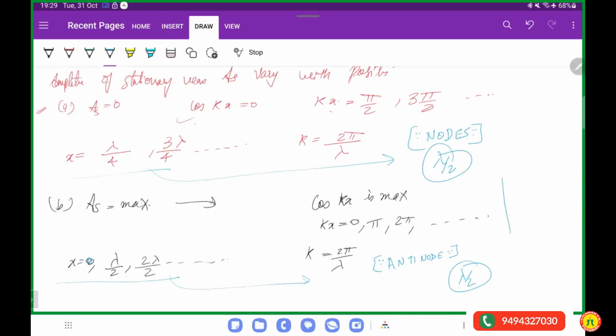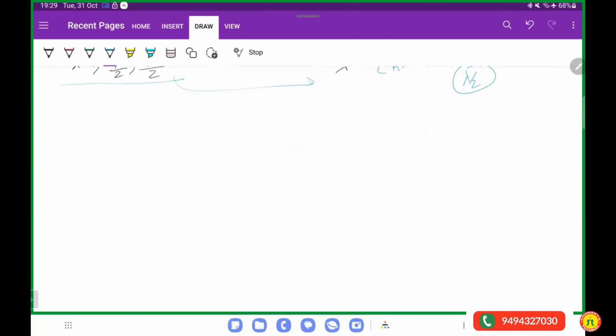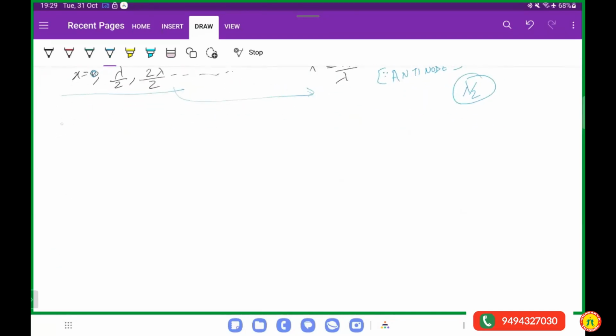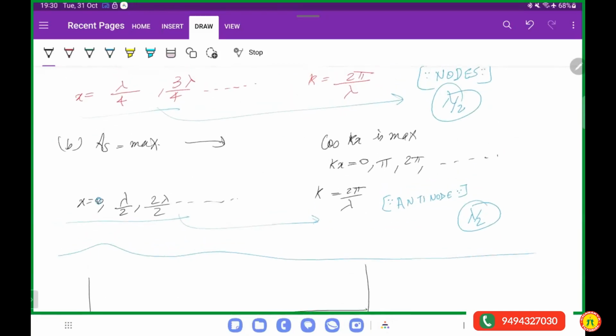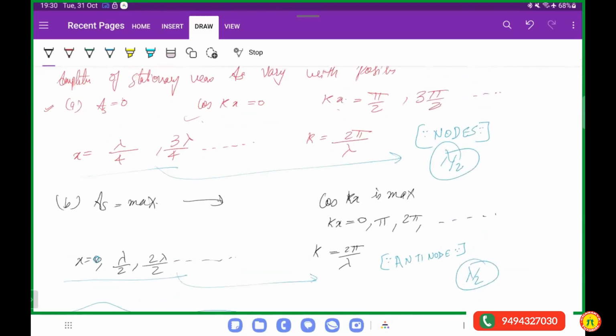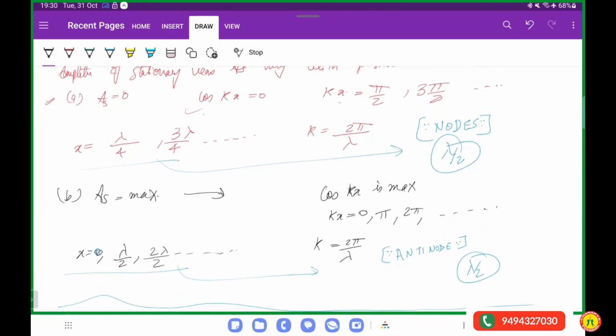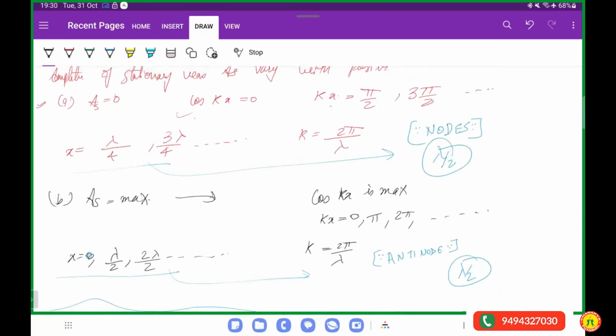So how far is it going? Let's draw this combined so that we'll understand. I guess you're done writing, right? Only just two lines. Okay. So if I draw one here, the node starts from 0, then lambda by 4, and the amplitude is 0.